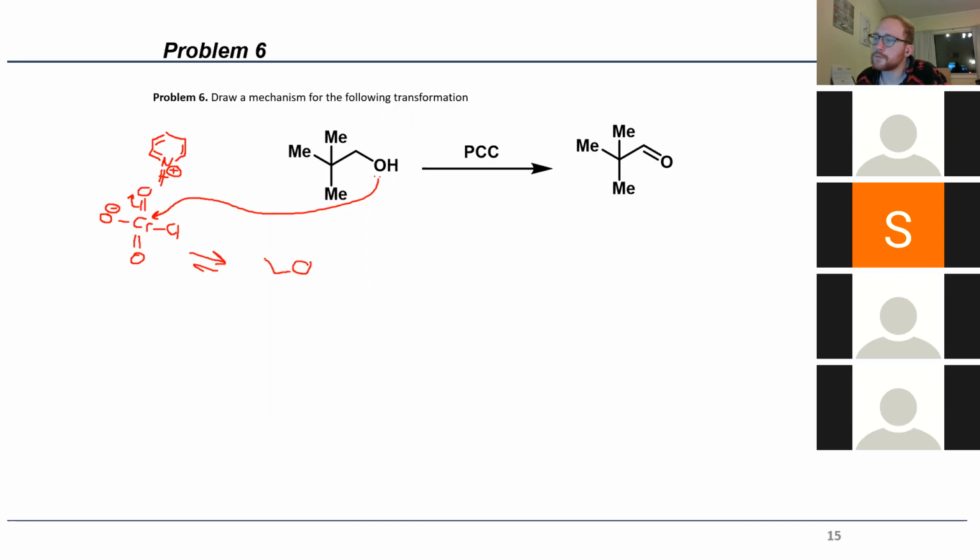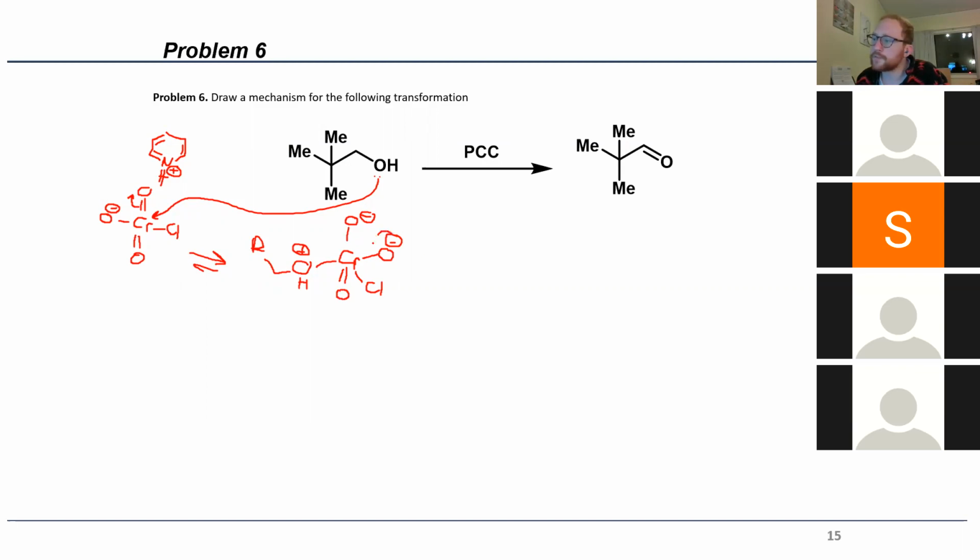I'm going to abbreviate the terpene group as R. Okay, so it makes an intermediate like this.